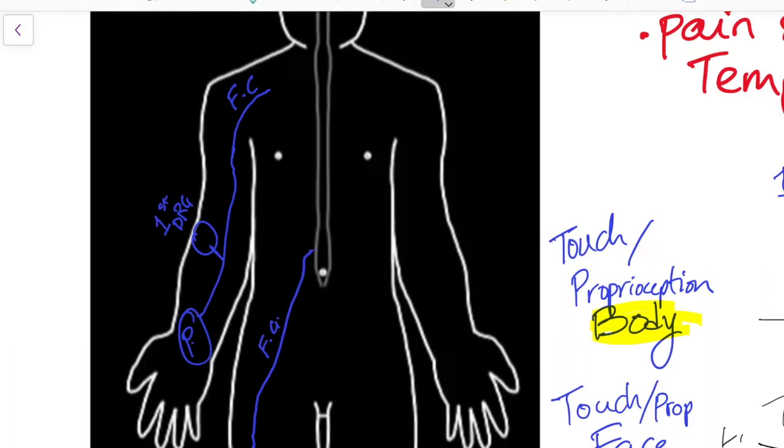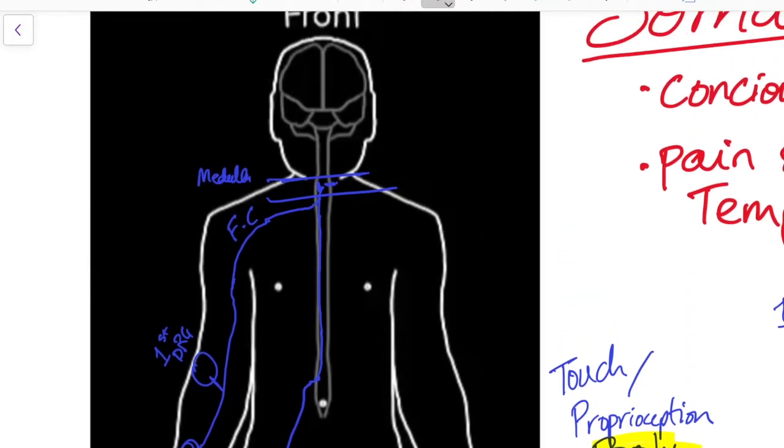And both of these will enter the spinal cord, will not synapse, and they will travel up the spinal cord on the same side till they get to the medulla, where they cross over. It's right here, and at this step is where they will synapse, cross over to the other side, and go into our VPL for the body.